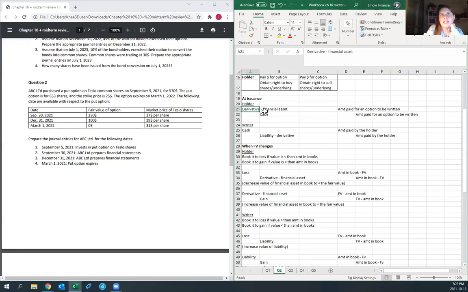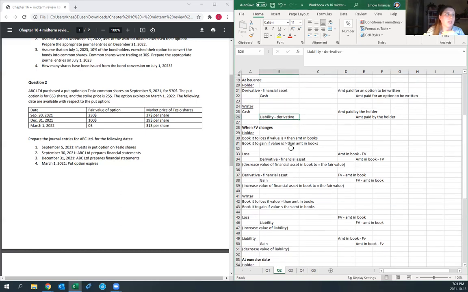If they enter into a contract but didn't pay anything, at issuance you're not going to have any transaction, it's just zero. And then you're going to value them when you get the fair market values of the option in the problem. So at issuance, the holder puts in the asset, cash, the amount they paid. And for the writer, it's cash, the amount they received, and a liability, something that they're going to owe the holder.